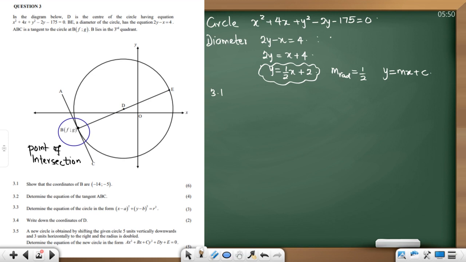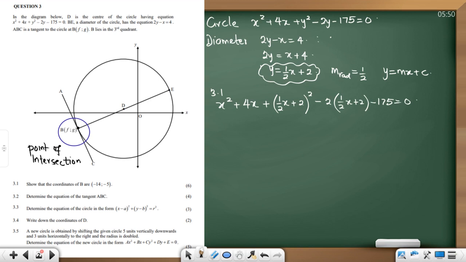So what do we have? x squared plus 4x plus, now what is my y? My y is half x plus 2, but it is now squared, minus 2 into bracket half x plus 2, minus 175.